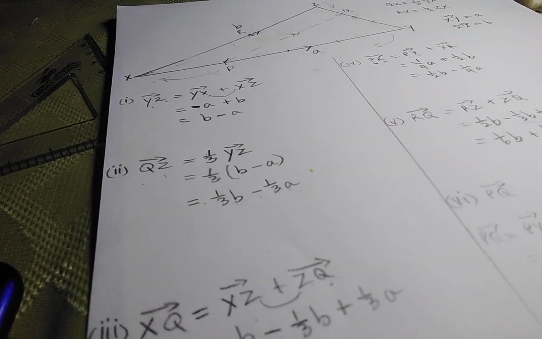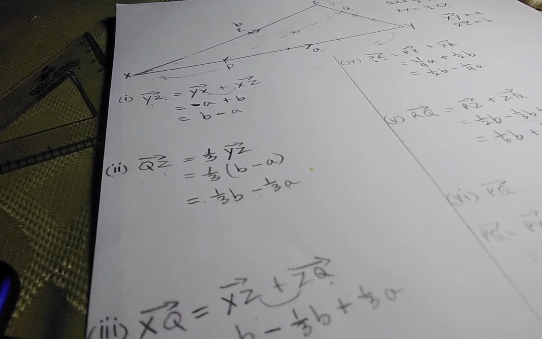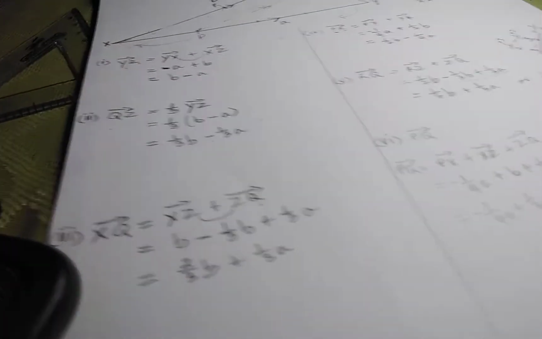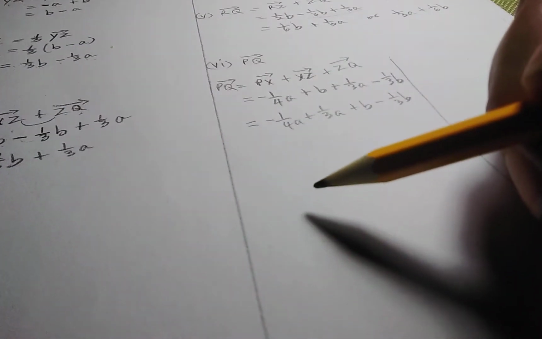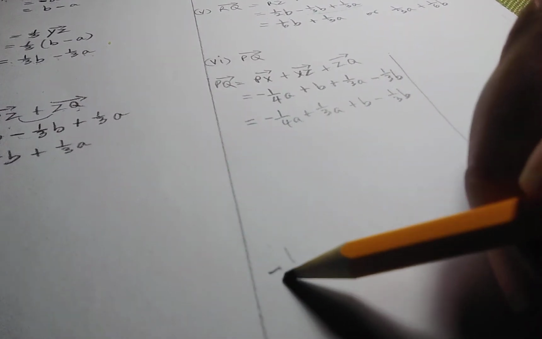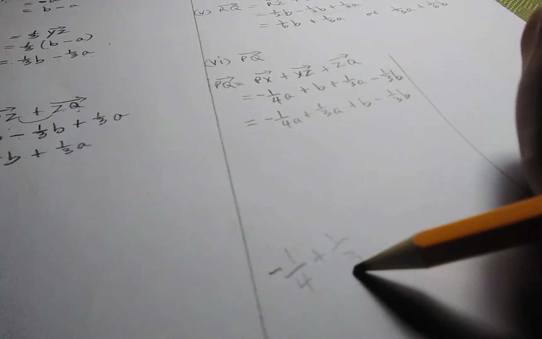Negative a quarter A plus 1/3 A plus B minus 1/3 B. Of course, we have to do the working out. So we are going to do the working out for the A. Negative a quarter plus 1/3.